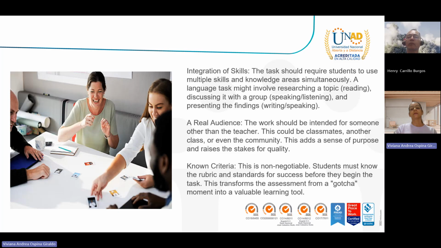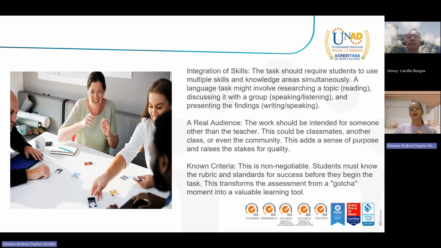The other one is integrating skills. So the integration of different skills will make our students more knowledgeable and more capable of communicating with the teacher, in an audience, or when they need to use a real audience.